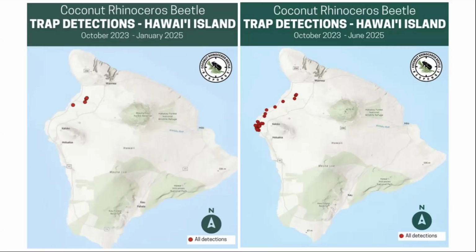And then on the right, we can see the spread between just January 2025 and June 2025, where we see it drastically and very fast spreading down the coastline with a hotspot or cluster of points right around Keahole Airport, Kona Airport. And since we saw the very fast uptick in the spread of CRB on Hawaii Island, it prompted BISC to want to carry out another CRB detection flight over Kona Airport, all the way up through Kona Palisades and up to Makali.